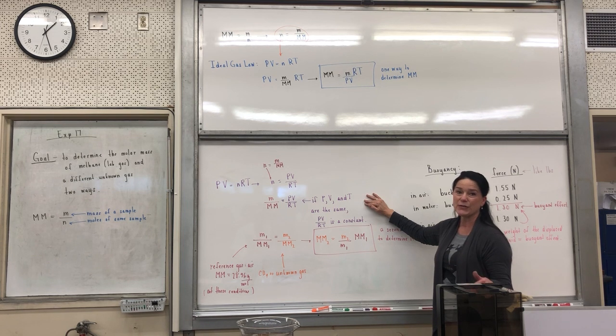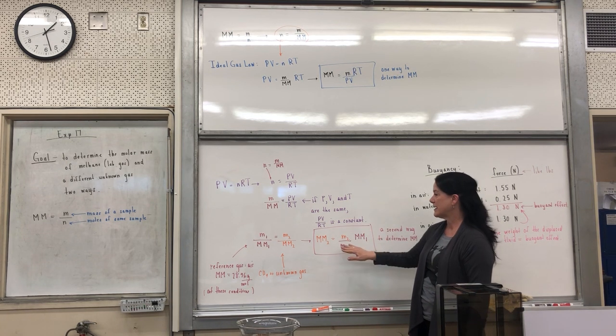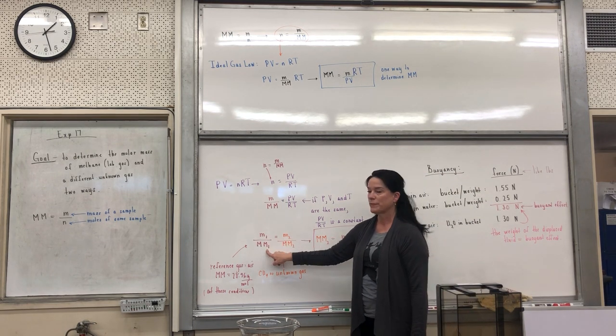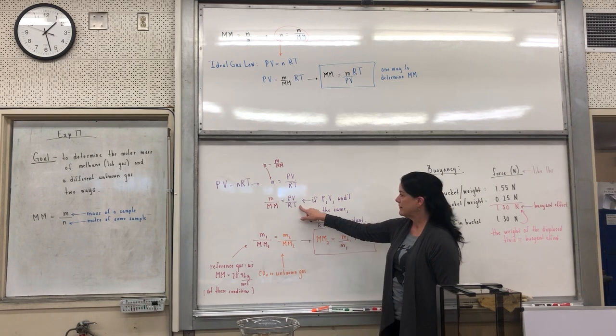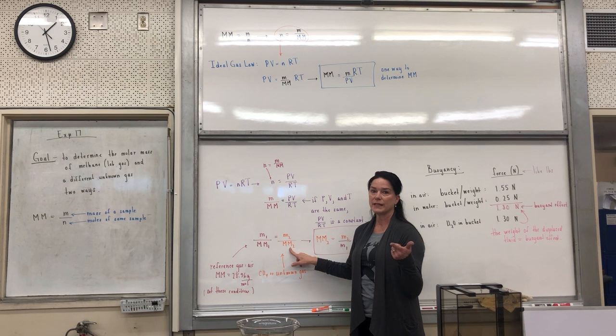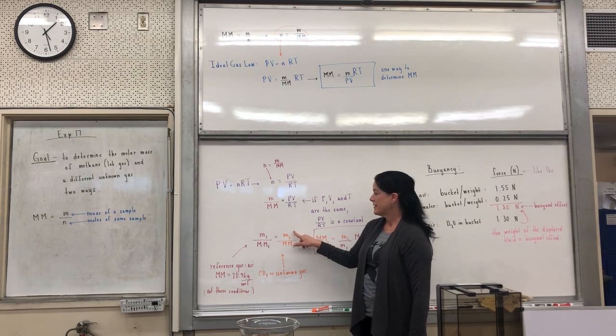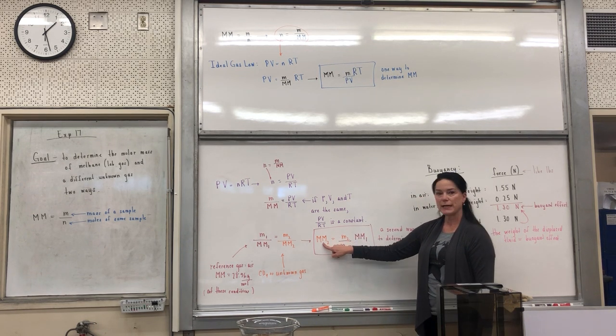So even without measuring them, and therefore having no error that is inherent in any measurement, I can treat them as a constant and say the mass over the molar mass of my reference gas is equal to the constant, PV over RT, which is equal to, as long as P, V, and T are the same, the mass over the molar mass of my unknown. So I rearrange to solve for the molar mass of the unknown, which is the goal of the lab.